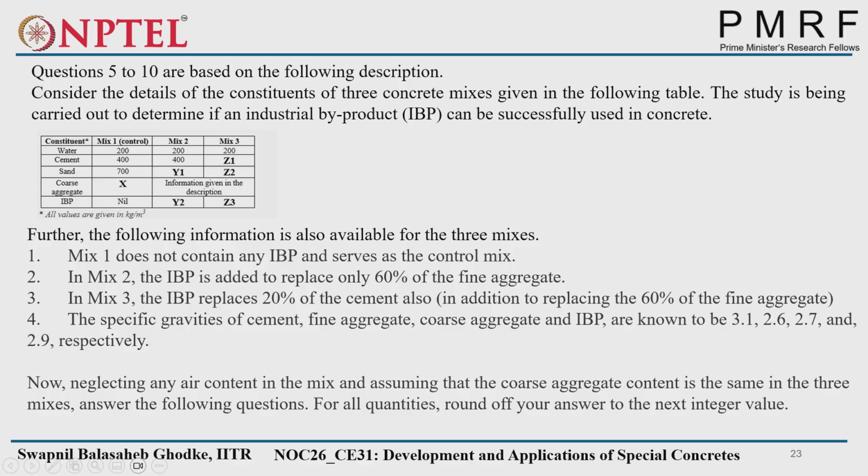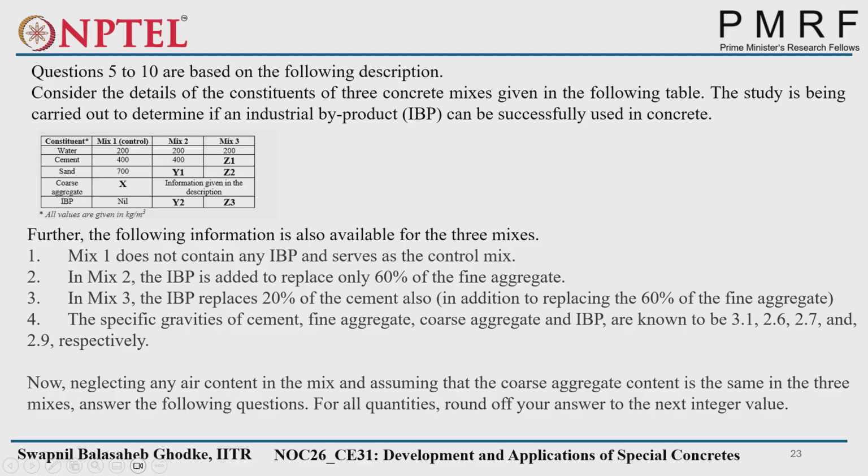In mix 2, the industrial byproduct replaces 60% of the fine aggregate. In mix 3, the industrial byproduct replaces 20% of the cement, in addition to replacing the 60% of the fine aggregate.